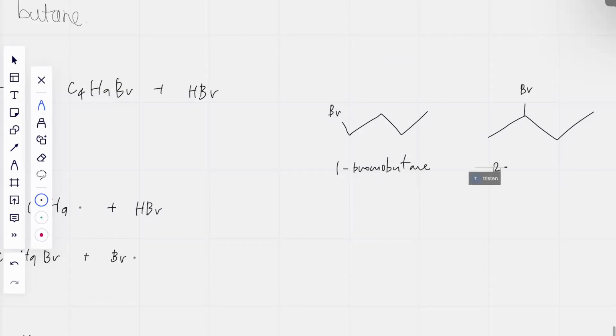The ratio is roughly how much? The ratio? 2 to 3.